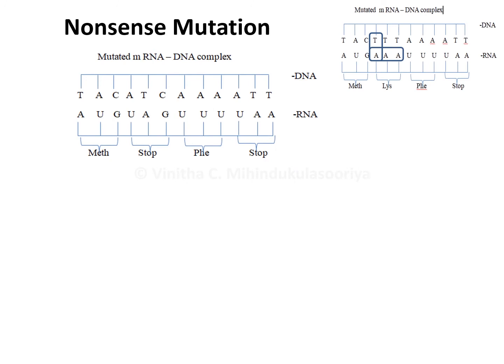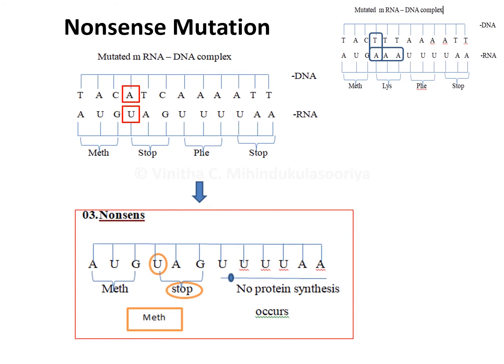Nonsense mutation. If the fourth base of this DNA strand, thymine, is substituted by adenine, the second codon of the mRNA strand becomes a stop codon, UAG. There are three stop codons as UUA, UAG, and UGA.